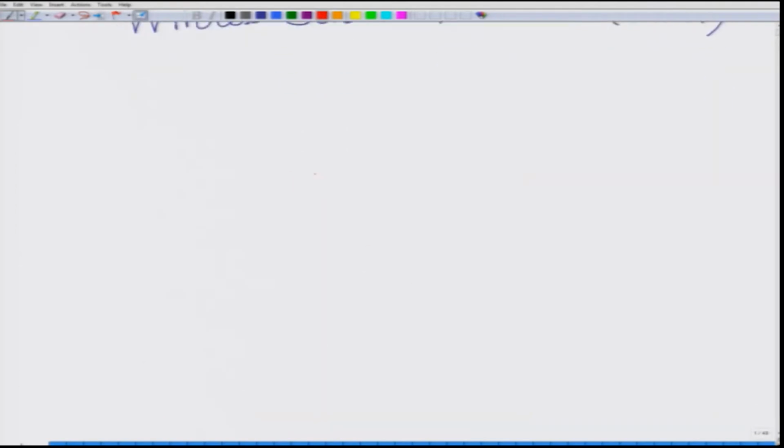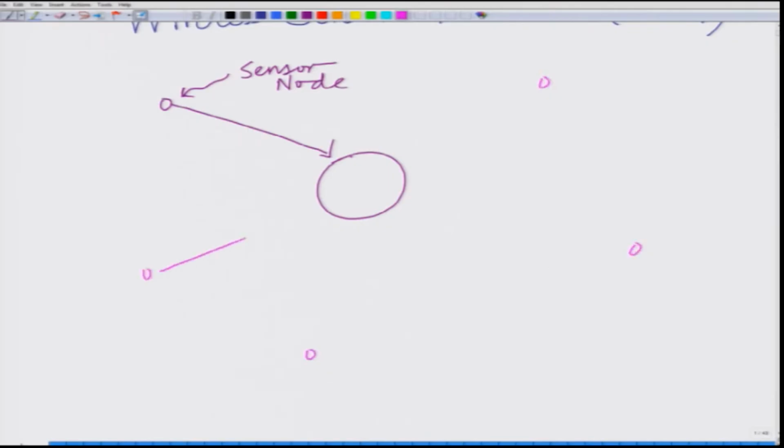What we have is several sensor nodes which are communicating with a fusion center. For instance, this is a sensor node, but typically we do not have a single sensor node, but rather several sensor nodes sending their measurements.